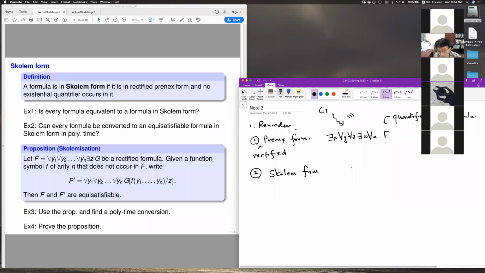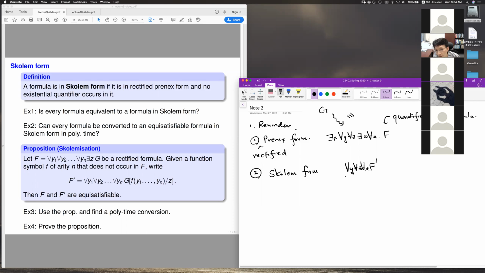The transformation itself is quite simple, but the formula that we end up with is much simpler. In this formula, we only have a universal quantification outside, and then we have some formula F prime, maybe with A here, and this is a much simpler formula than the Prenex form.